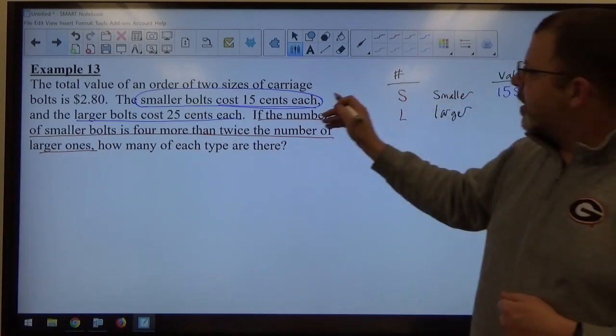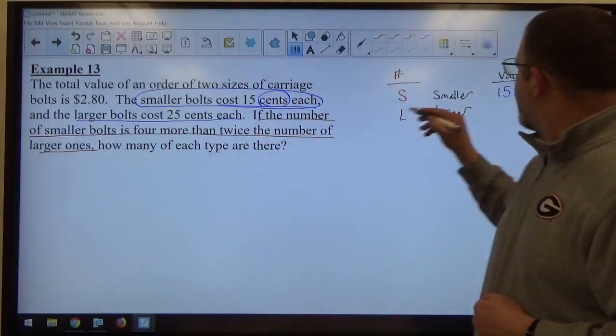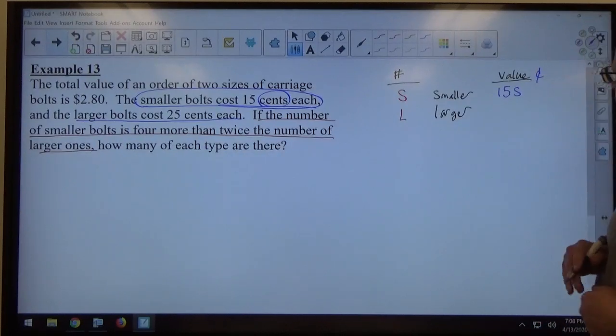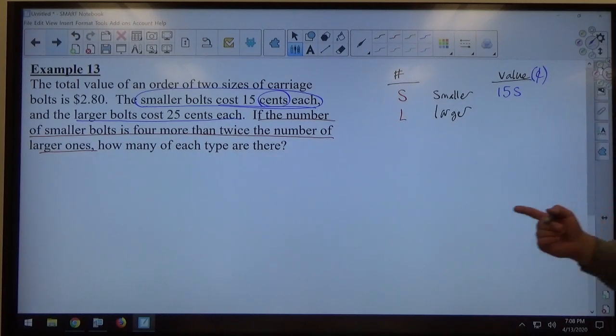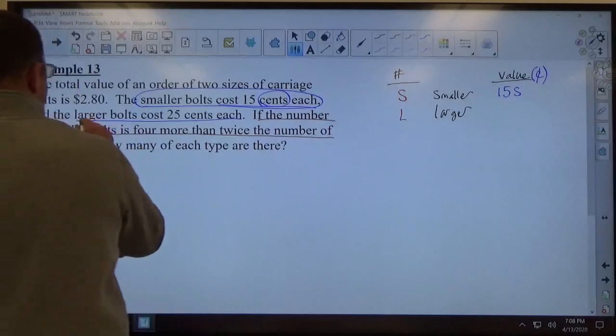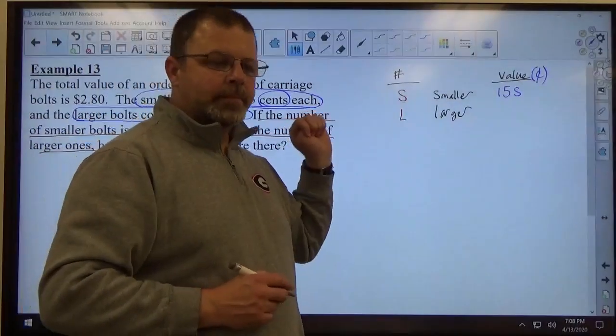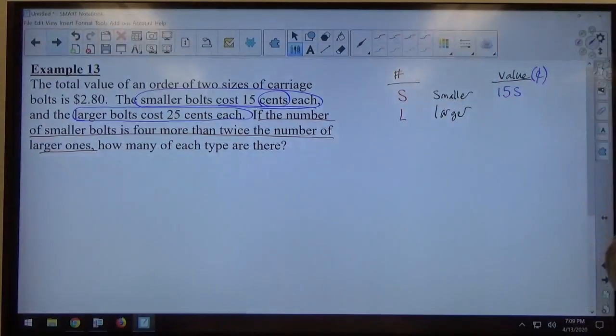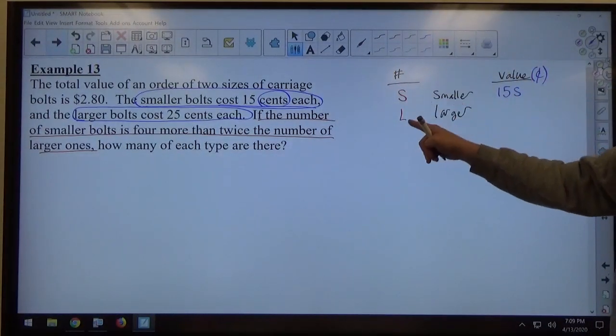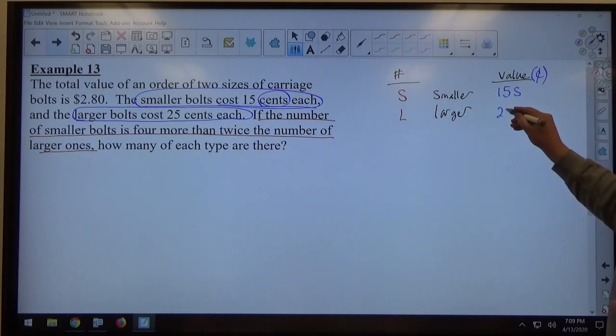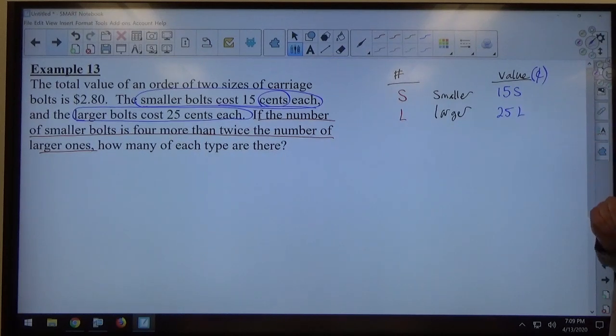This does say 15 cents, so I'm going to put a cents mark up there just to remind myself the value units represent cents. Same argument for larger bolts. Every larger bolt costs 25 cents. We've bought L of them, and L is the number of bolts we bought. So take the number of bolts times 25 cents, and that's how much money we're spending on larger bolts.